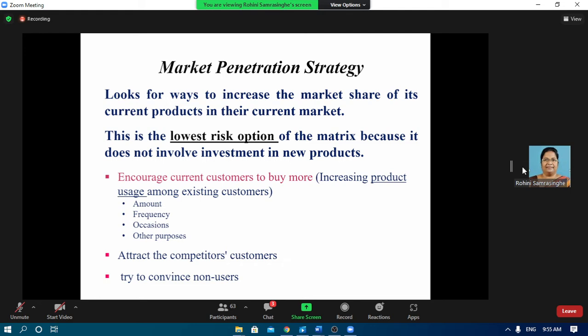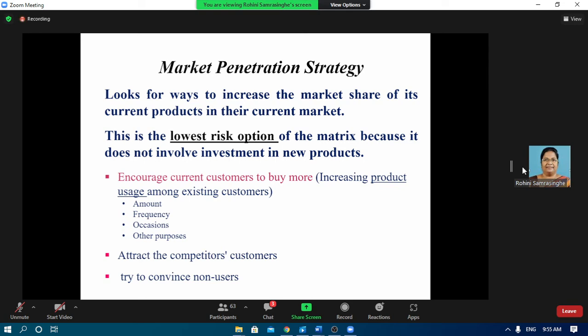Even on occasions, they ask current customers to buy more, giving pricing strategies, maybe sales or discount prices, to sell more volume.